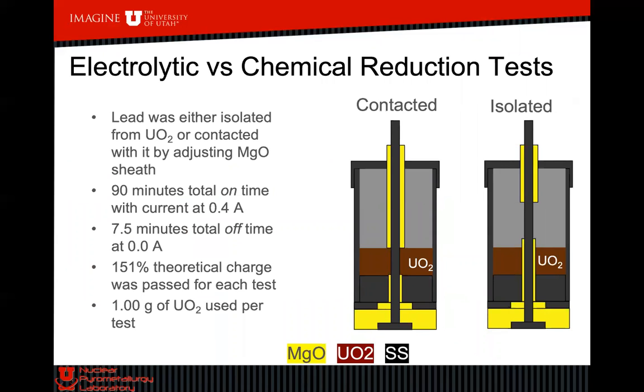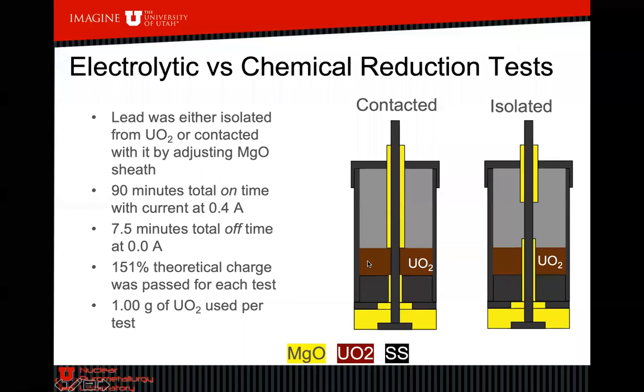Okay, so here was our hypothesis. We thought we could actually control whether we had this electrolytic reduction, where we're directly reducing UO2, or we're doing it indirectly by reducing lithium, and then lithium reacts. So in the left picture here, the contacted state, the lead is actually contacting the UO2, and it should be possible to directly reduce that.